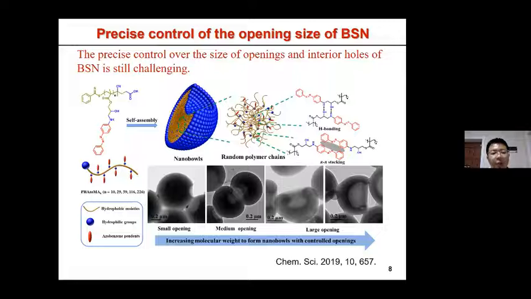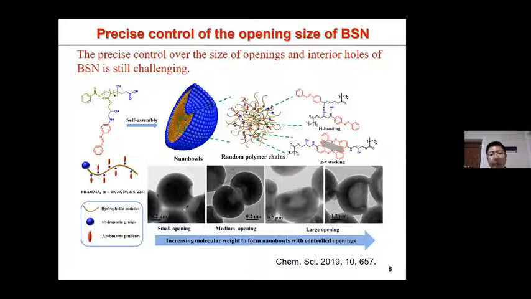So we designed and synthesized the amphiphilic homopolymers with isobenzene pendants and amino hydroxyl group in the side chain, which can provide hydrogen bonding and pi-pi stacking during self-assembly, and which leads to the formation of bowl-shaped nanoparticles.